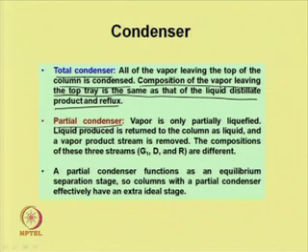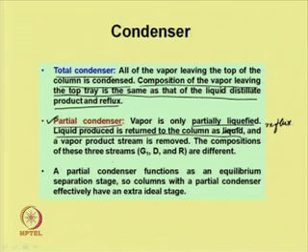Another type of condenser which we use is the partial condenser. Here the vapor is partially liquefied, the liquid is returned to the column as reflux, and a vapor product stream is taken as a product or overhead cut.